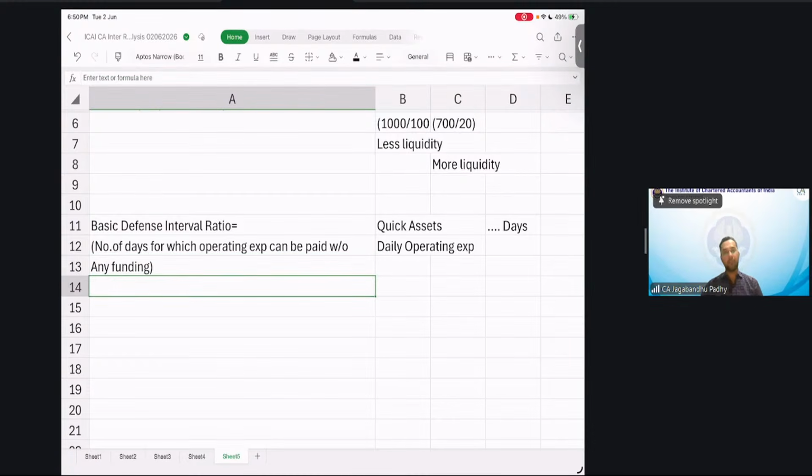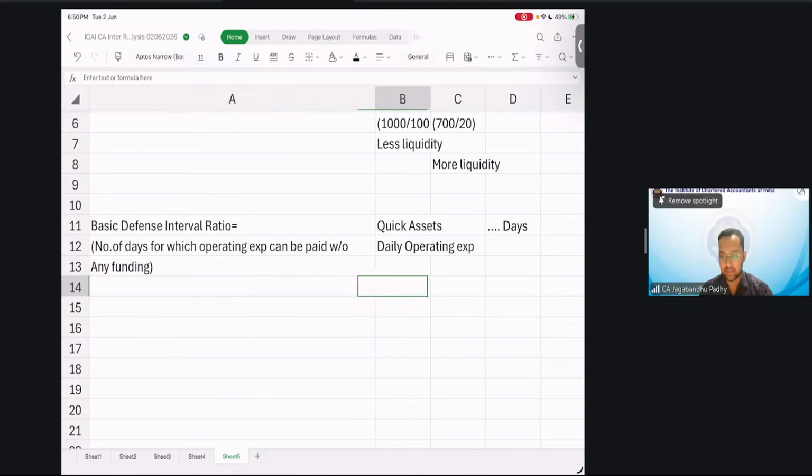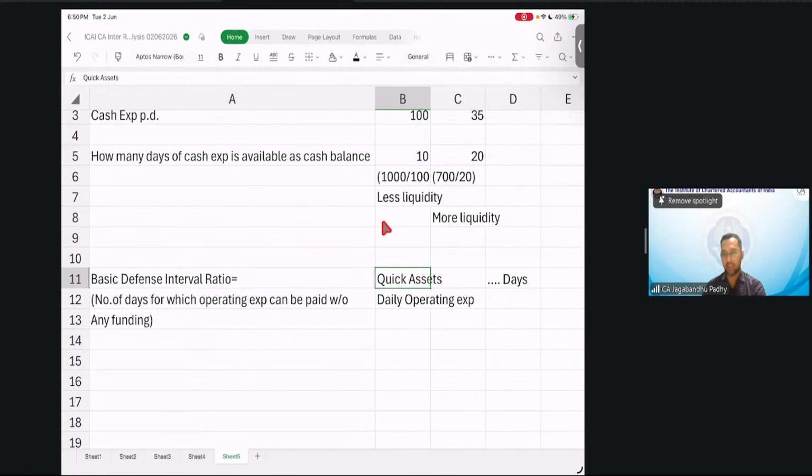So without any funds being raised, without any new funds coming to you, you will be able to survive for how many days? That's going to be like, as you did over here, cash upon daily expense.